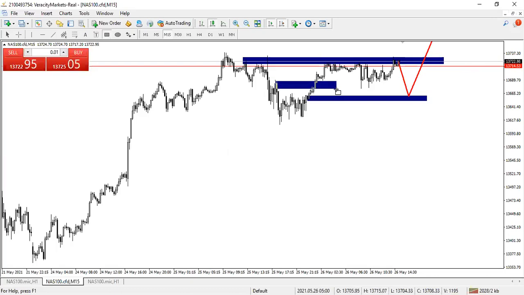I'm seeing a head here. This head is violated. It came to try to break this head, but then it didn't reach it. So for me personally, this head is still fresh, so it should come if it will respect. This is what I'm seeing on Nasdaq.